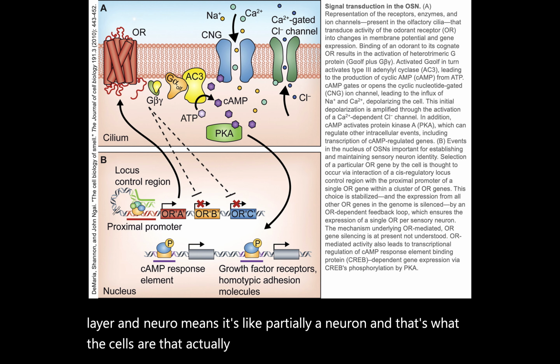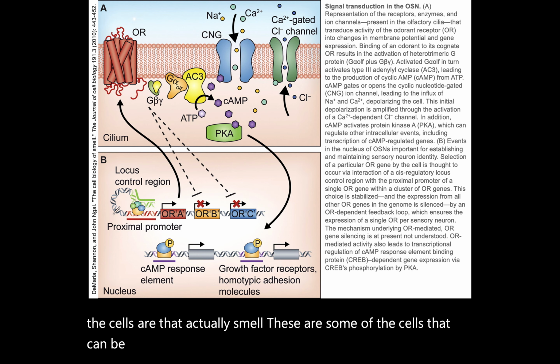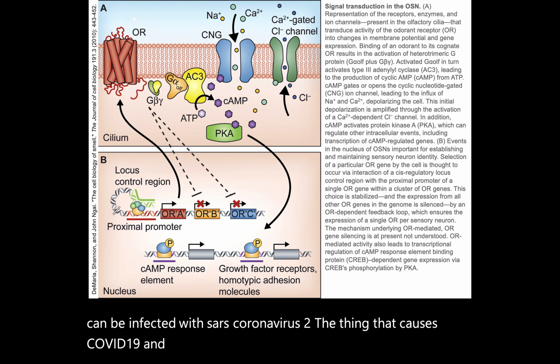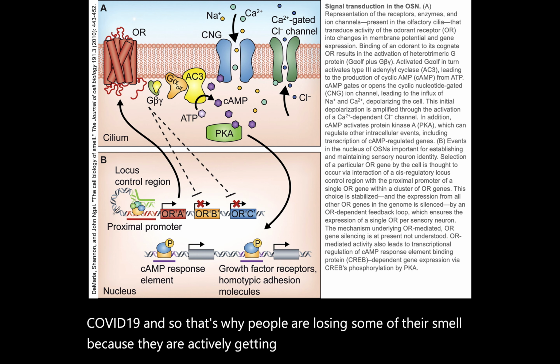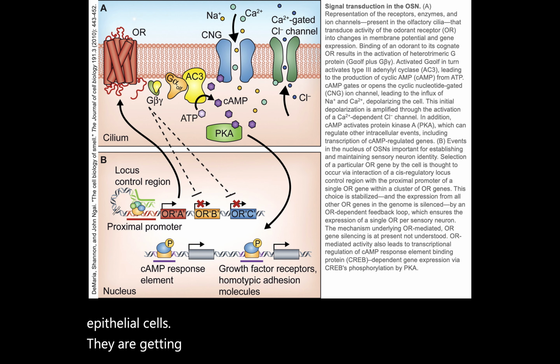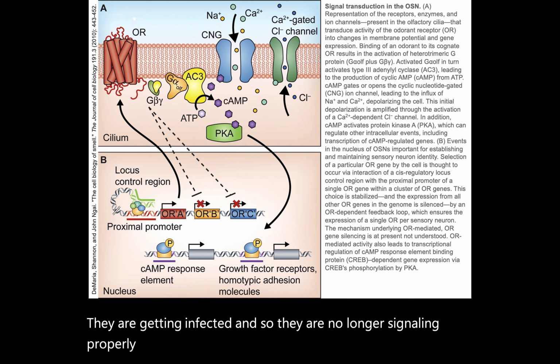These are some of the cells that can be infected with SARS coronavirus 2, the thing that causes COVID-19. And so that's why people are losing some of their smell, because these neuroepithelial cells are getting infected, and so they are no longer signaling properly. If they don't signal, you can't smell, because they're the ones with the odorant receptors.